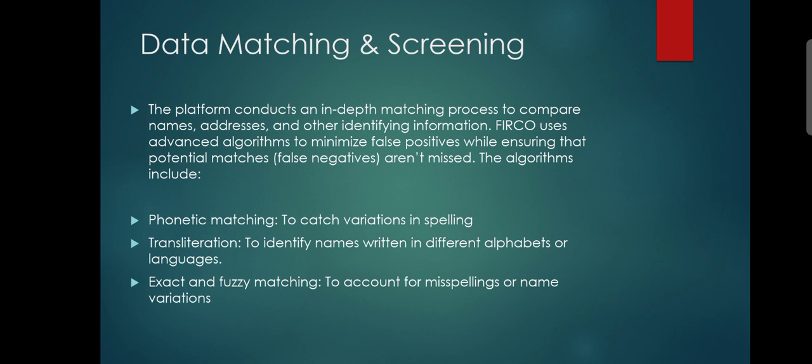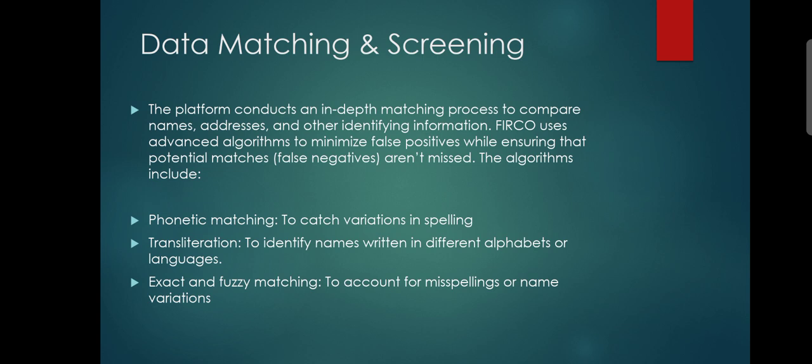Now, next one is your data matching and screening. This is also one of the validations that takes place in the compliance system, that is in Fircosoft Continuity. The platform conducts an in-depth matching process to compare names, addresses, and other identifying information. FIRCO uses advanced algorithms to minimize false positives while ensuring that potential matches, false negatives, aren't missed.